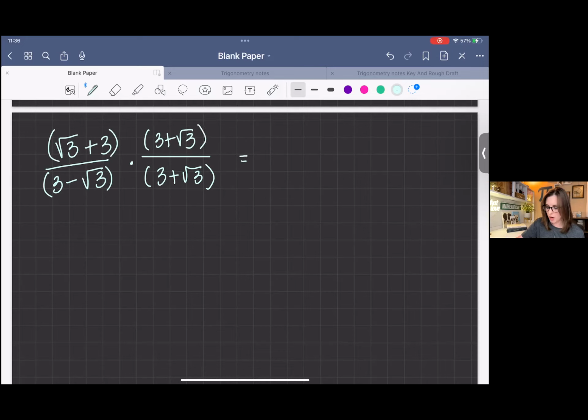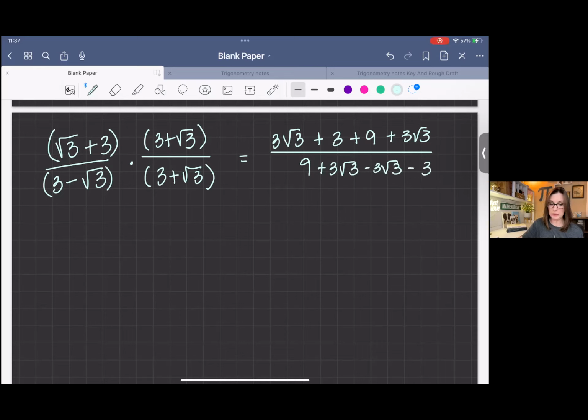So in the top, I'm going to distribute, I've got 3 root 3 plus root 9 plus 3 times 3 plus 3 root 3 over 3 times 3, 3 times root 3, negative 3 times root 3, and negative root 9, which is 3. Oof.